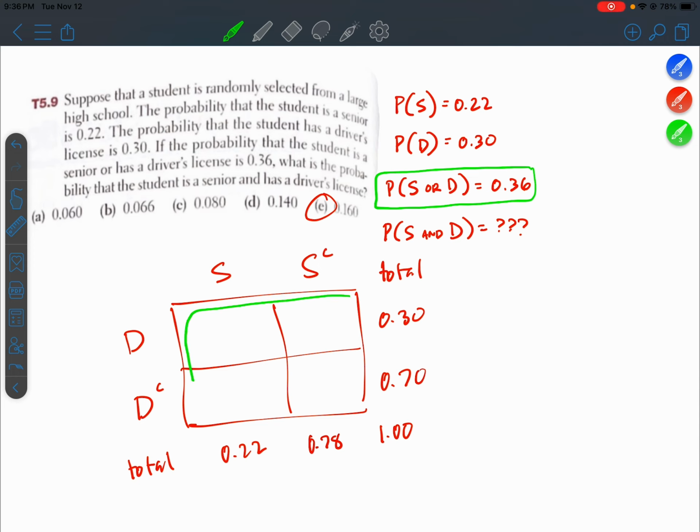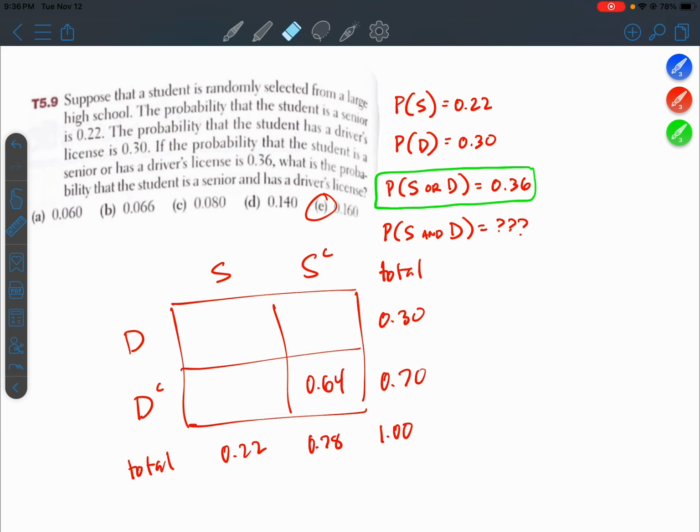In other words, I know that these three cells have to add up to 36%, because those three cells represent people who are seniors, but also people who have a driver's license. There's going to be some overlap there. So if this section in green is 36%, and I know the total is 100%, then I can figure out that cell right there. 100 minus 36%, that should be 64%.